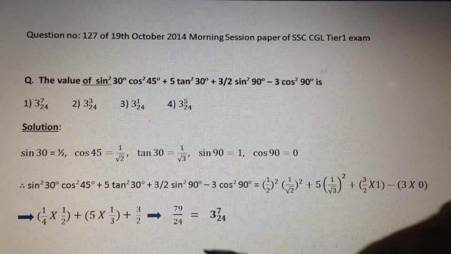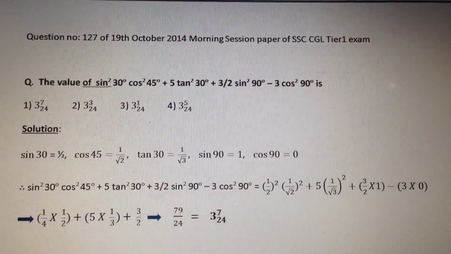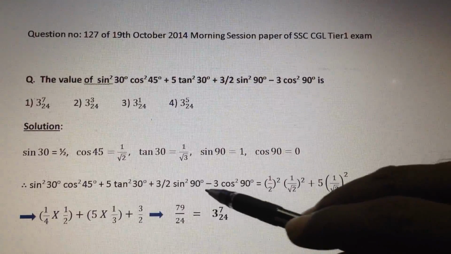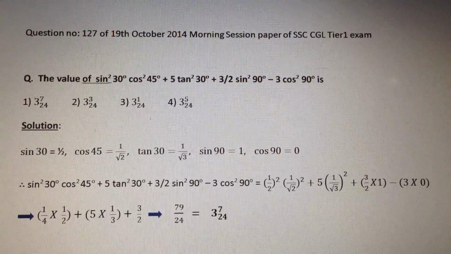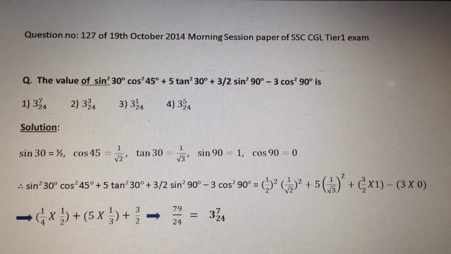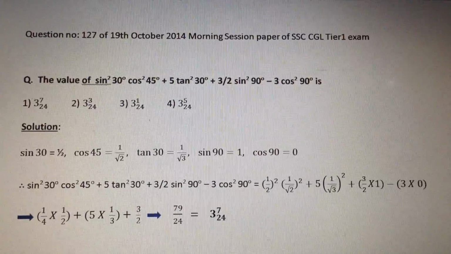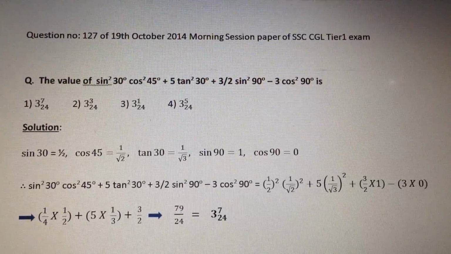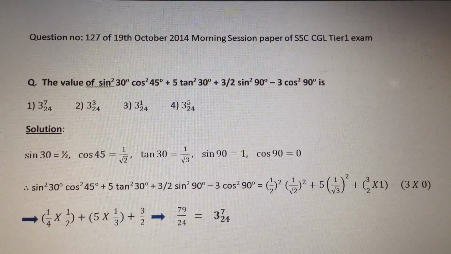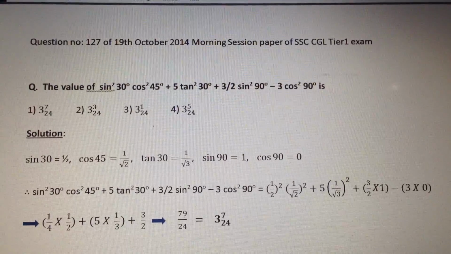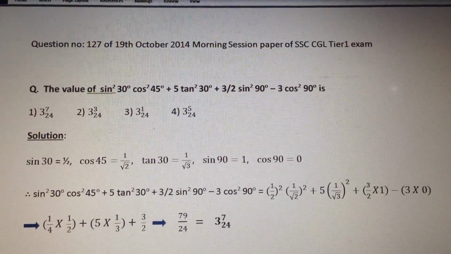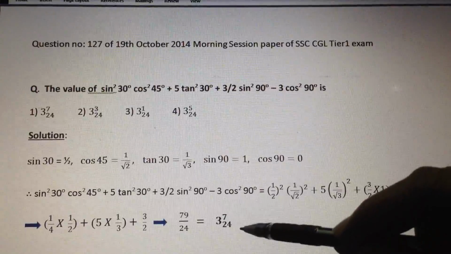Therefore, sin square 30 cos square 45 plus 5 tan square 30 plus 3 by 2 sin square 90 minus 3 cos square 90 is equal to (1 by 2) whole square into (1 by root 2) whole square plus 5 into (1 by root 3) whole square plus 3 by 2 into 1 minus 3 into 0. So, after simplification, the answer is 7 by 24.